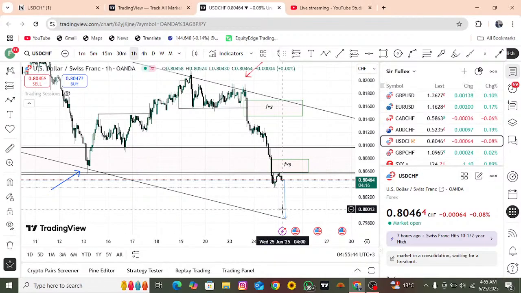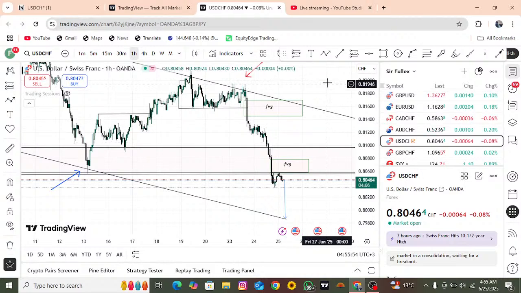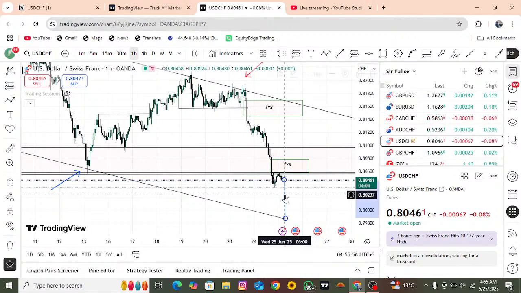If price comes here, it will be a very good opportunity for us, if it drops even further, maybe to this trend line, to buy to fill these imbalances. Or you can also see something like this one. So this is a market that is still unpredictable.